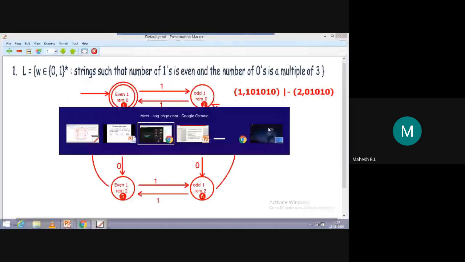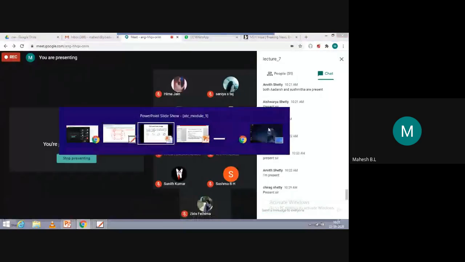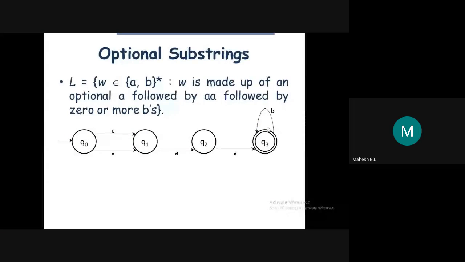Any doubts in this? See, now you know that this language is over the alphabet A comma B, but still you have not defined the transition for Q naught on B. Similarly, you have not defined the transition for Q1 on B, similarly for Q2 on B, similarly for Q3 on A. So you need not define all the transitions in NDFSM.